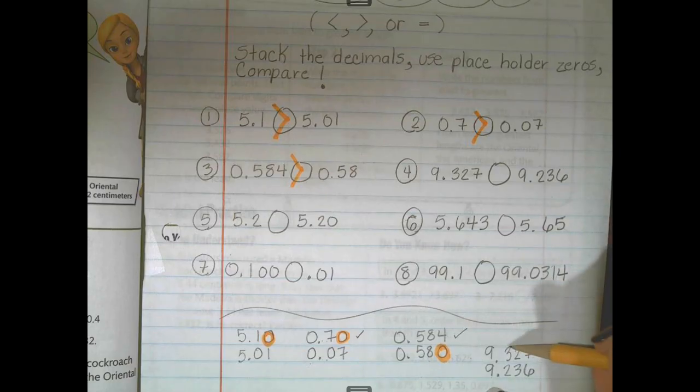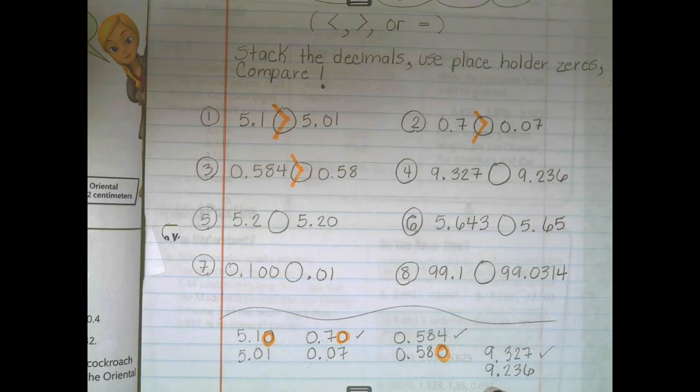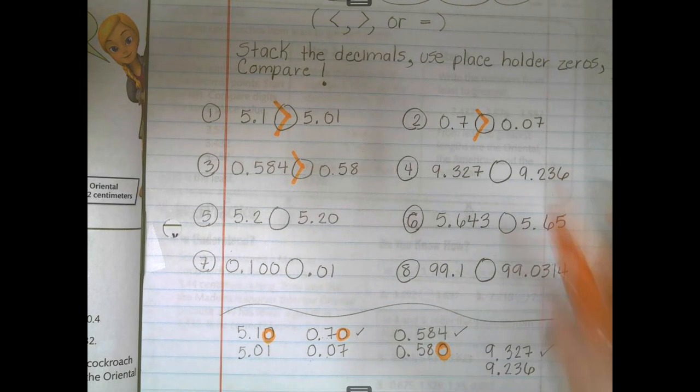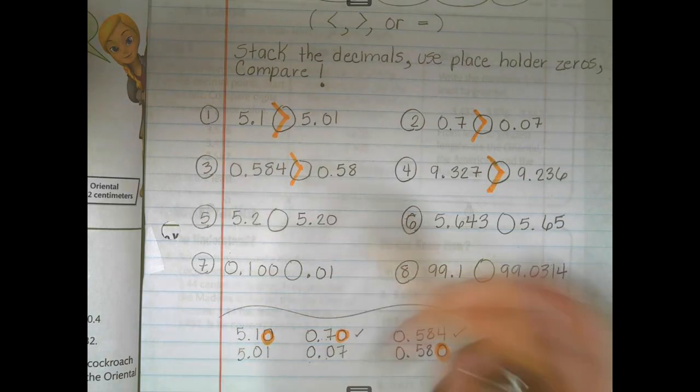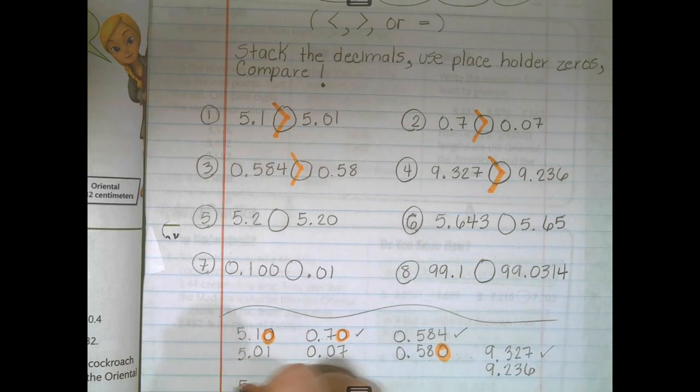Here I have 3/10ths versus 2/10ths. 3/10ths are larger, so 9 and 327 thousandths will be larger than 9 and 236 thousandths. All right, for some reason, all the ones on the left have been greater than. So let's see what goes. That's just odd.